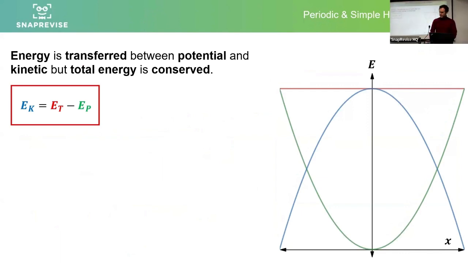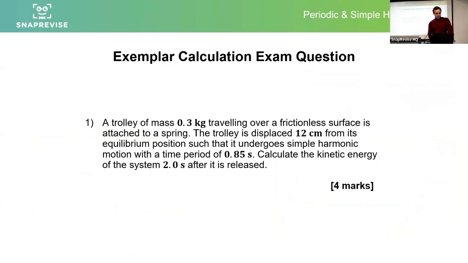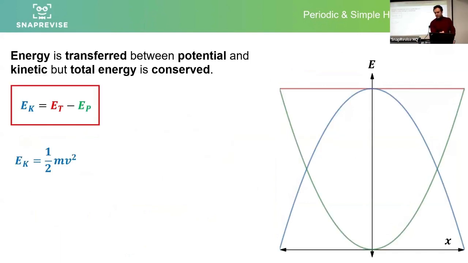And I've jumped ahead of myself. I should have looked on the next page of the notes. But just as I said on the previous slides, the total energy will be, well, it takes the maximum value here. I said this was minus A, and this was A. What value does the potential energy have here?